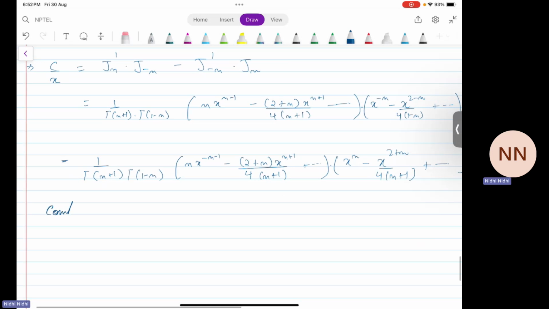Comparing the coefficient of x to the power minus 1 on both sides, we'll get c is equal to, from the first term, n by gamma n plus 1 times gamma 1 minus n.